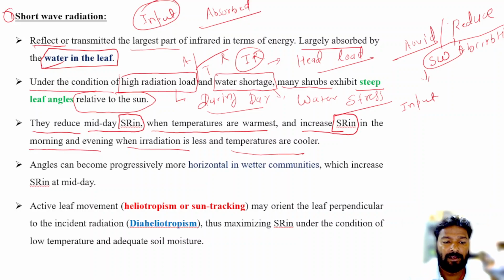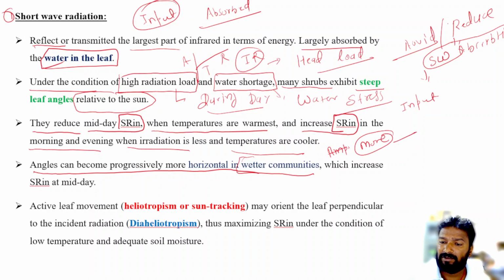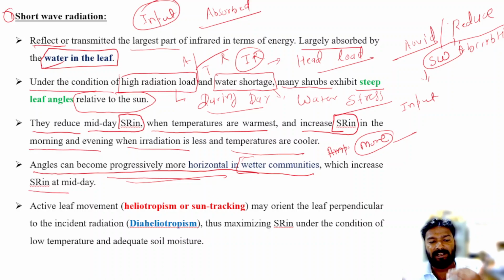At that time their angle becomes progressively more horizontal. In wetter communities, meaning there is ample water present in the soil, they change their leaf angle, which increases the solar radiation absorption during midday also.